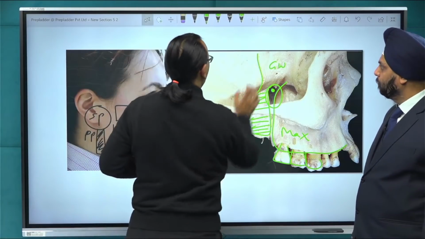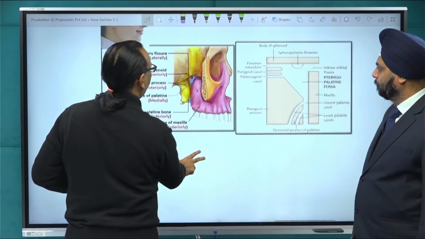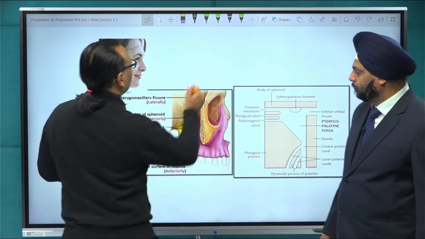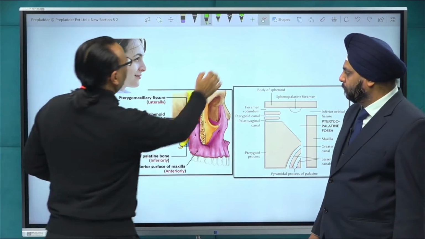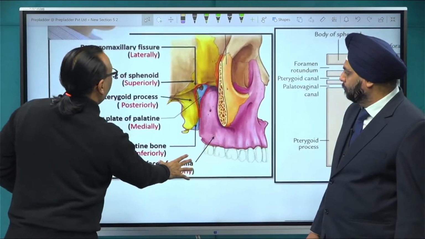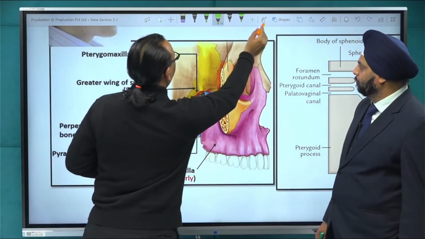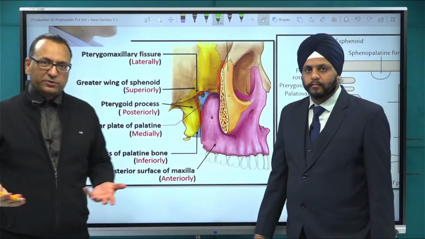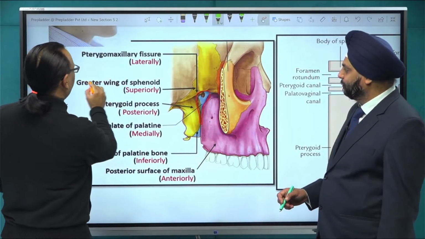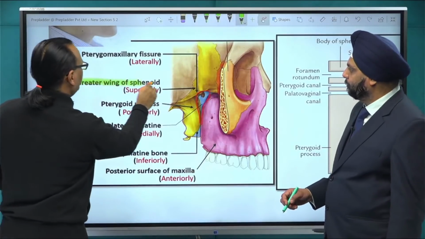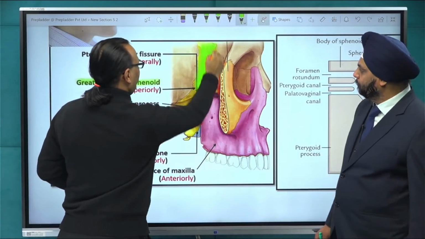Let me now show you a schematic diagram, that will be better. Looking the same way from the lateral view, let me just magnify this further. Now things are more clear because they are shaded. When things become shaded, they become better. This is the greater wing of sphenoid.